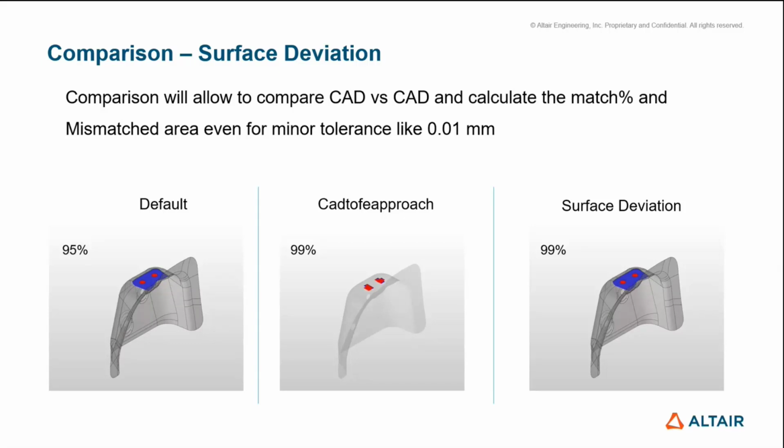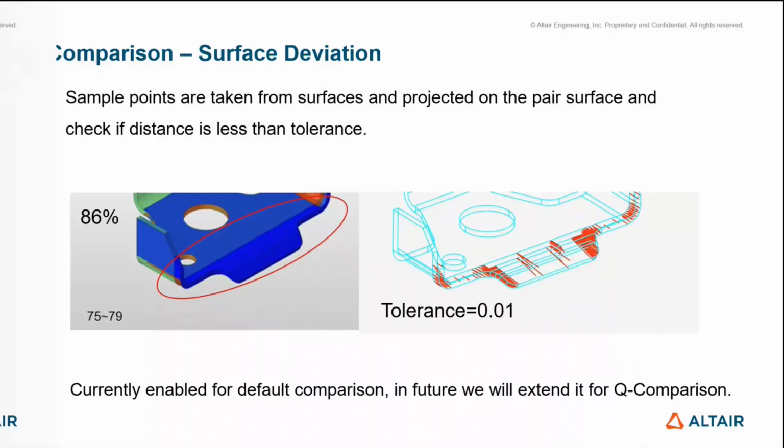We have tried 0.01, not lesser than that, but that's what the designer requires. For 0.01 millimeter, we are able to get very promising results, and the customer has confirmed this to us. And the performance is faster than the default, even 3 times faster than the default functions. So that is some of the logic behind this.